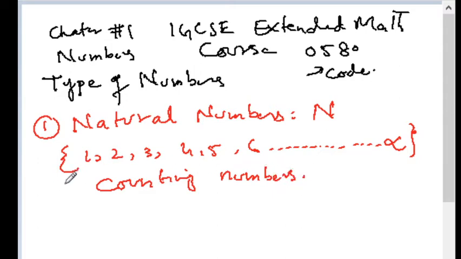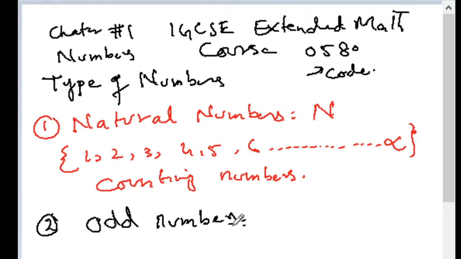Now the second type of number is odd numbers. These numbers cannot be divided exactly by 2.